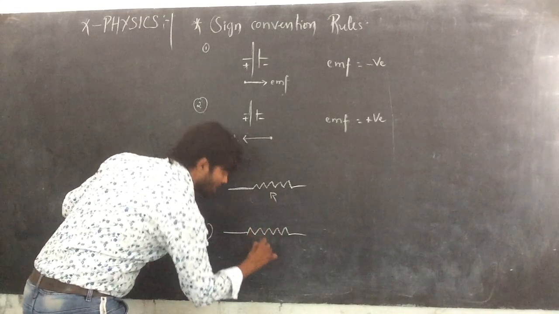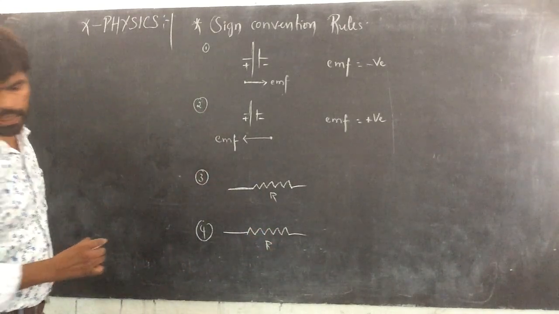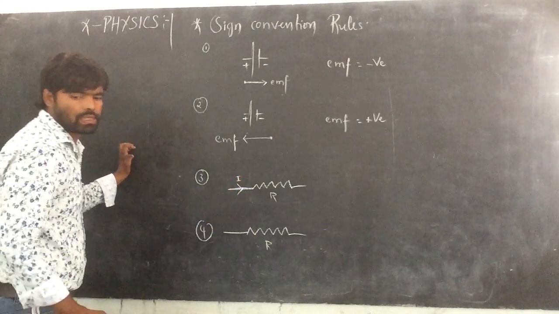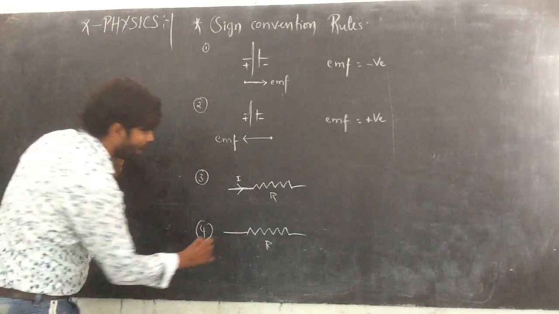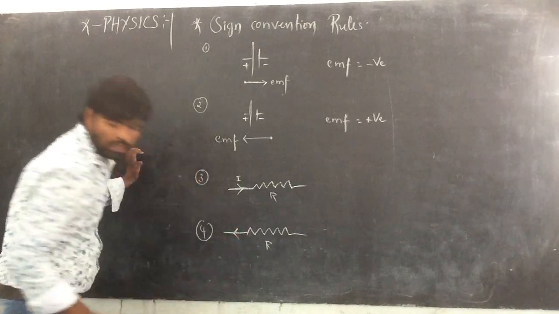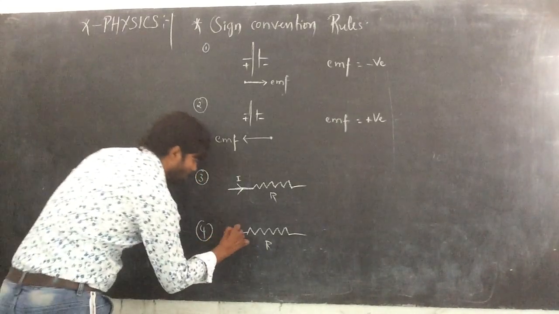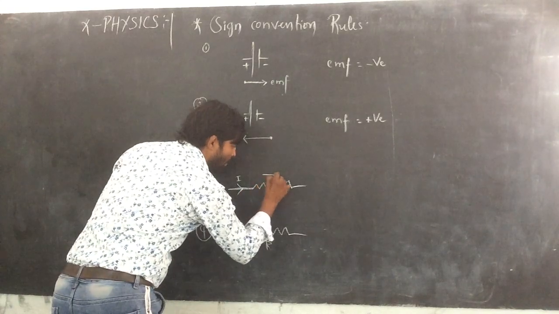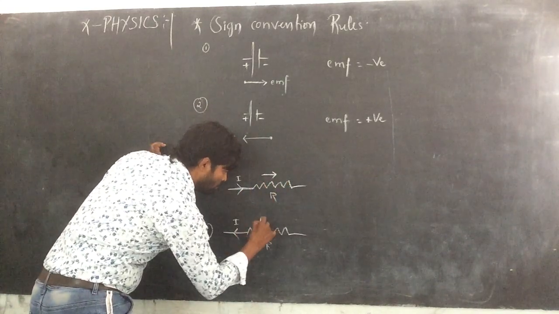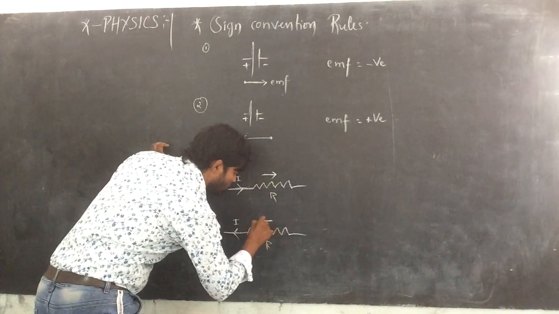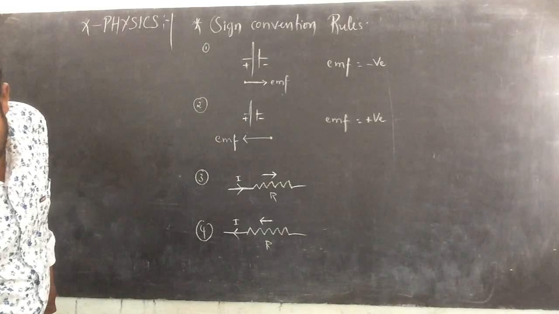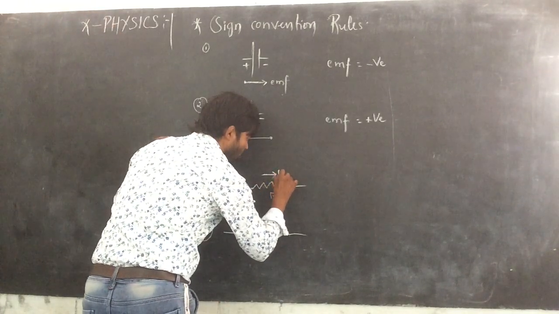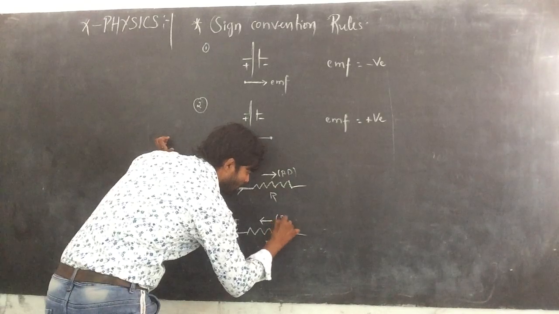R means resistor, and this is the current, indicated with I. Here also we have a current I. This is the potential difference, PD and PD.